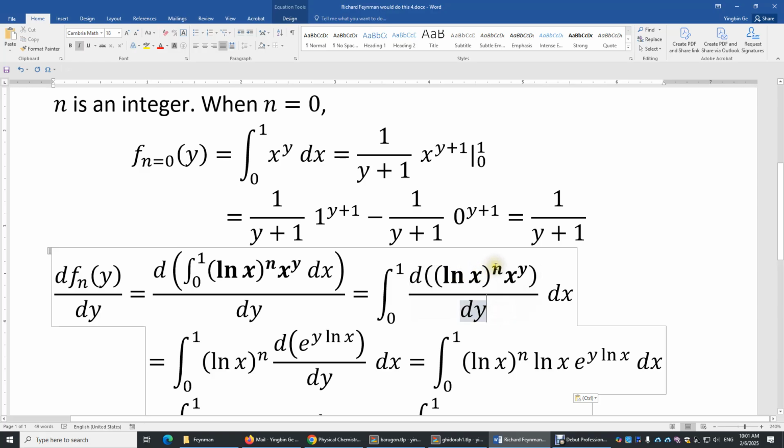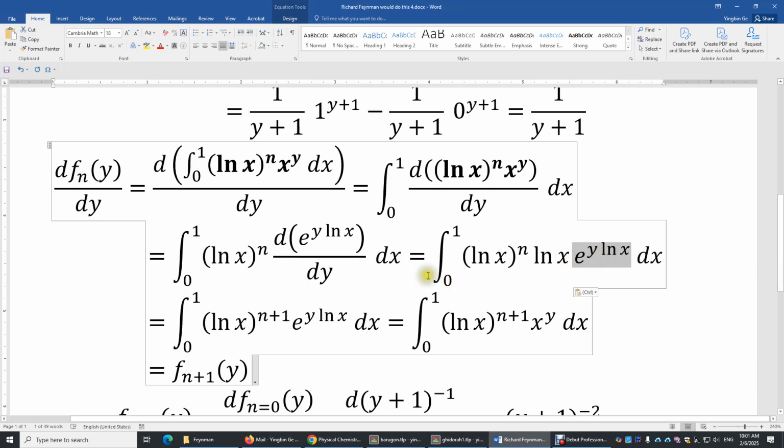Ln(x) to the power of n is independent of y, so we take it out. X to the power of y is e to the power of y times ln(x). So we are evaluating the first derivative of an exponential function. We have this ln(x) here, and then multiply by this exponential function here.